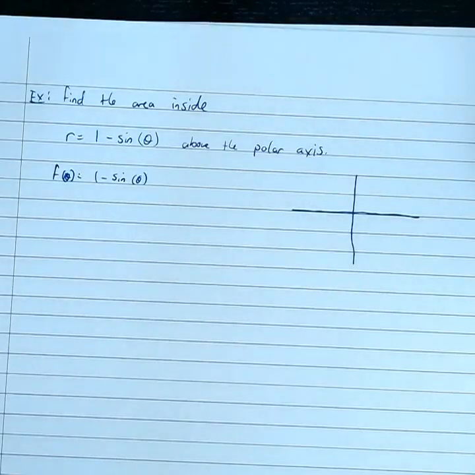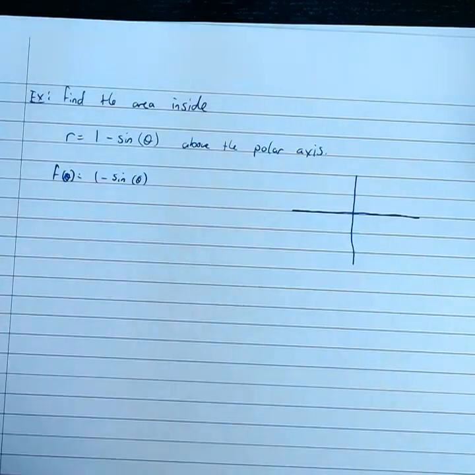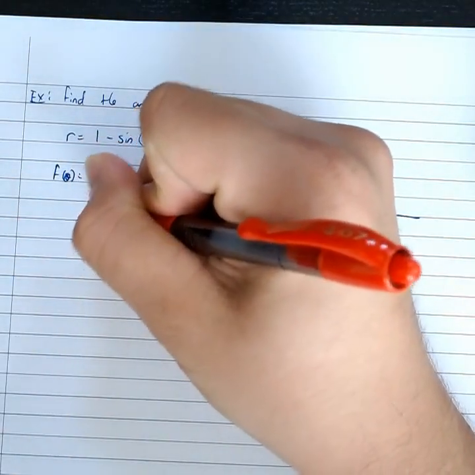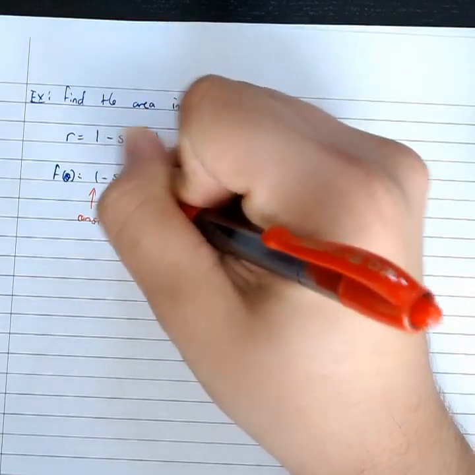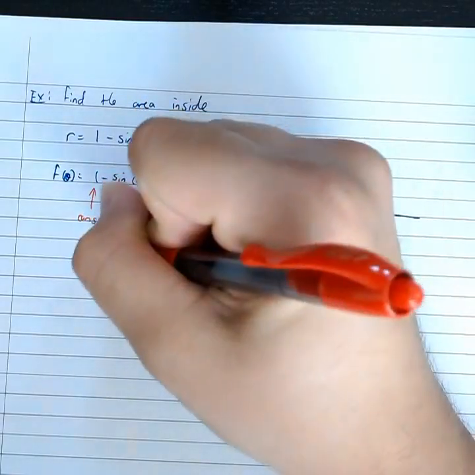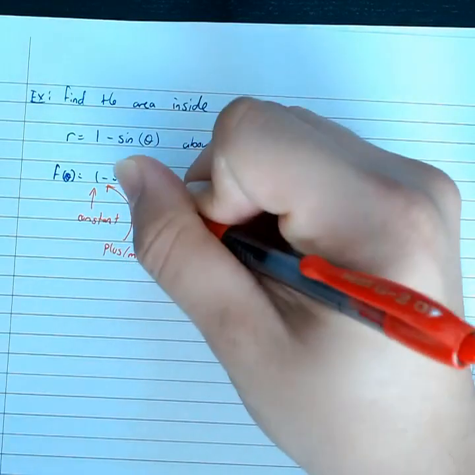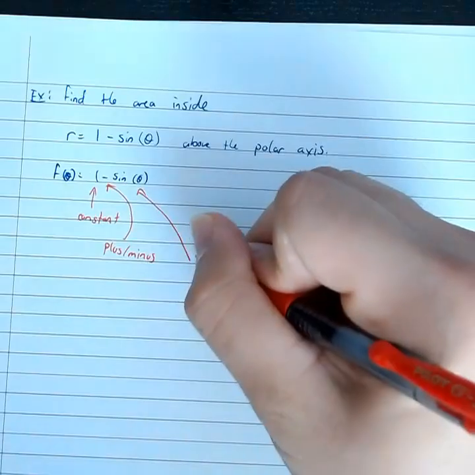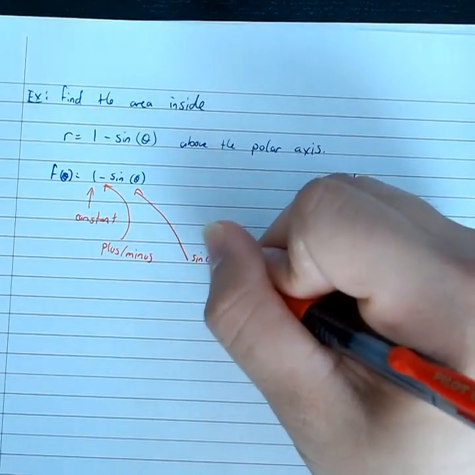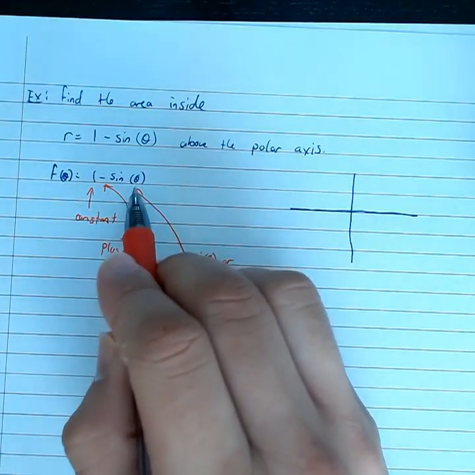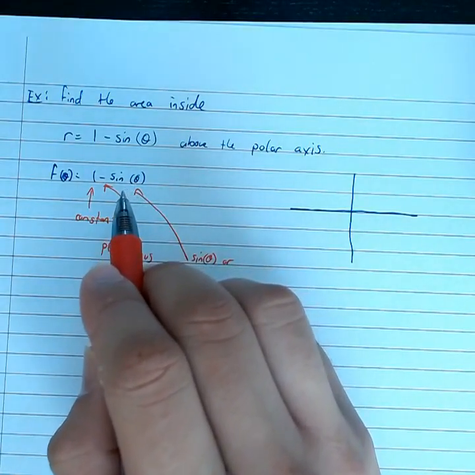So here, what tells you it's a cardioid is whenever you have a constant plus or minus, and here this will either be sine or cosine of theta. You shouldn't have a multiple angle here. If this is 2 theta, 3 theta, or anything like that, that's going to be a different kind of function.